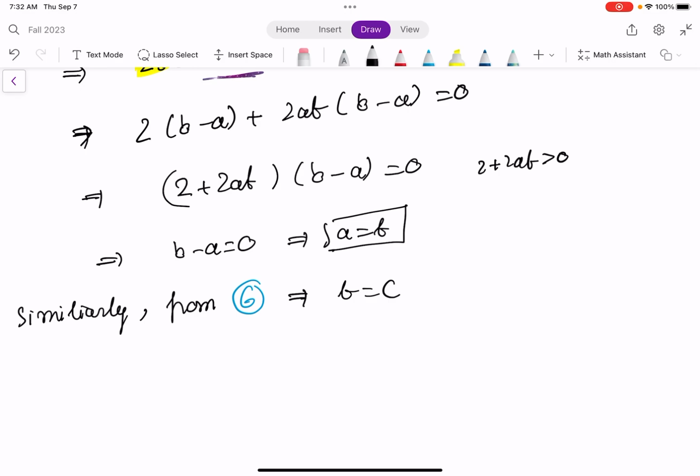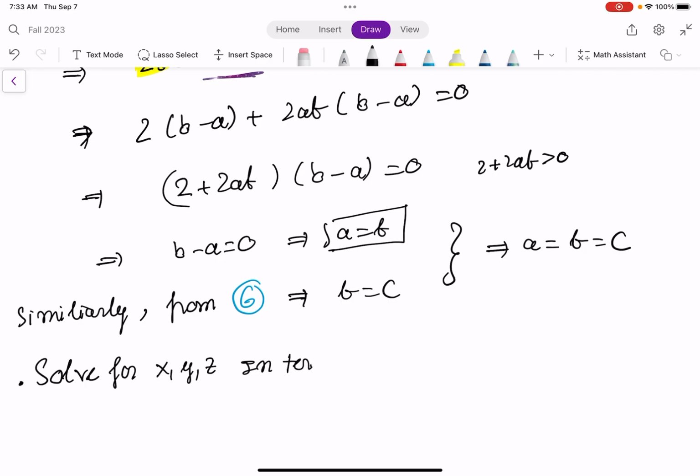We have a equals b and then b equals c. So we can say that a equals b equals c. Okay, so let's now solve for x, y, z in terms of a, b, and c.